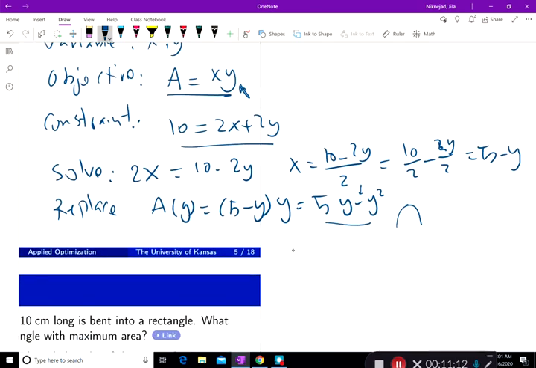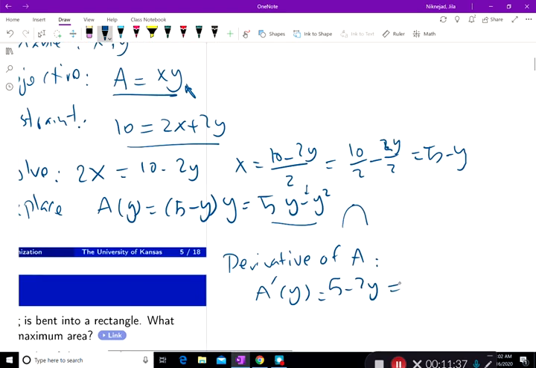So what is the derivative knowledge? Take the derivative of A. Why am I doing this? Because I'm going to use one of the three methods that we mentioned in the beginning. So A prime of y is 5 minus 2y.